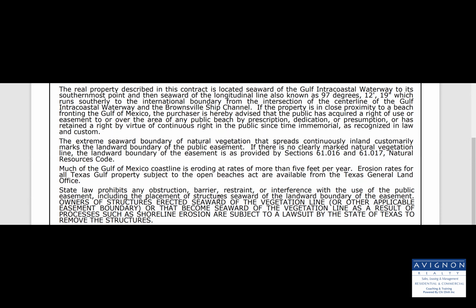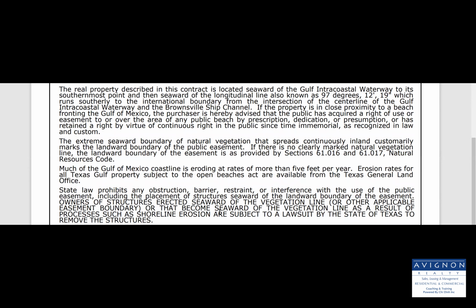Erosion rates for all Texas Gulf properties subject to the Open Beaches Act are available from the Texas General Land Office. State law prohibits any obstruction, barrier, restraint, or interference with the use of the public easement, including the placement of structures seaward of the landward boundary of the easement.